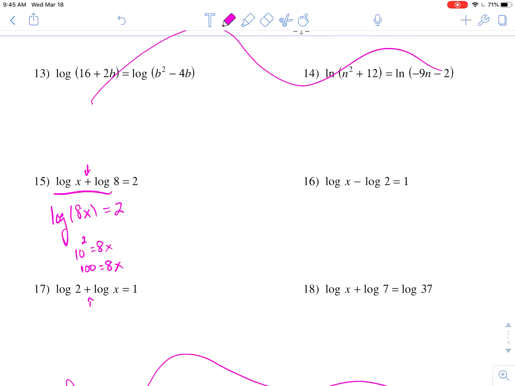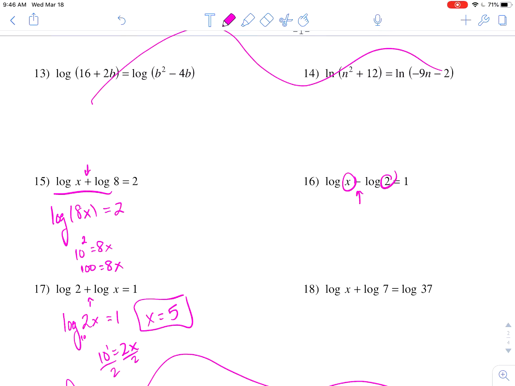So 17, adding, so I'll multiply the stuff in the logs. So log of 2 times x equals 1. Again, this is base 10 if it's not shown. So 10 to the first equals 2x, or 10 equals 2x. So I can divide by 2, and x is 5. And now 16.